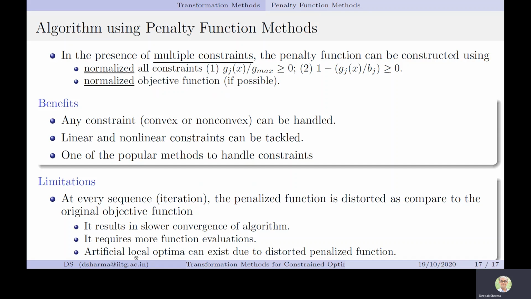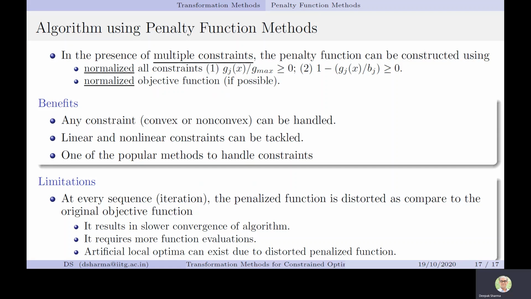Third, artificial local optima can exist due to the distorted penalized function. And that is the biggest limitation. In the previous example, we had just one constraint and we were adding that constraint into the objective function. When we increase the value of r, the contours change drastically.